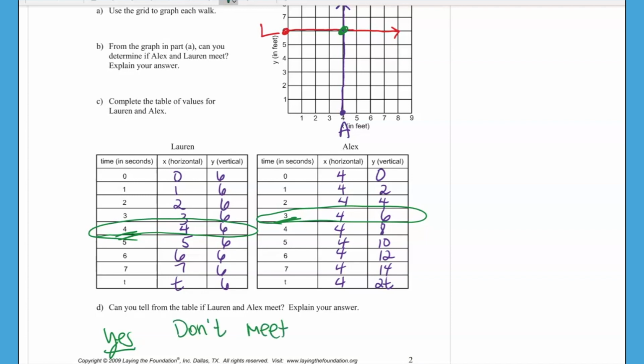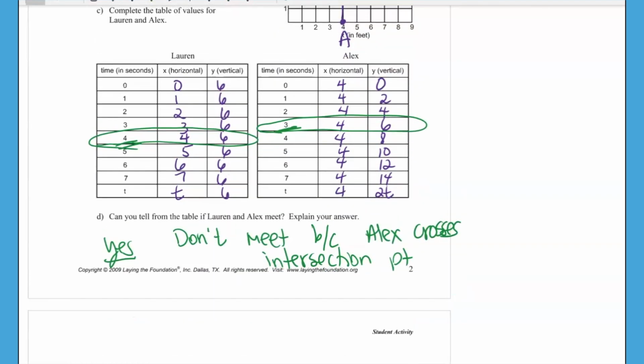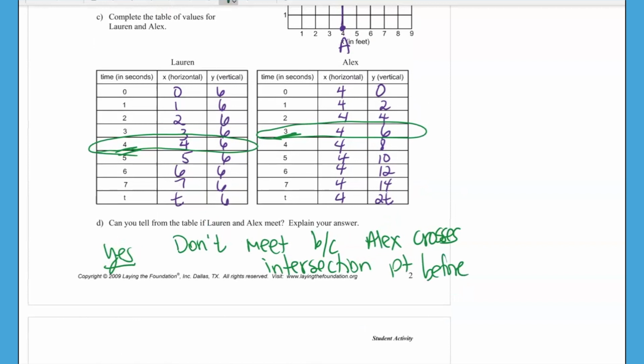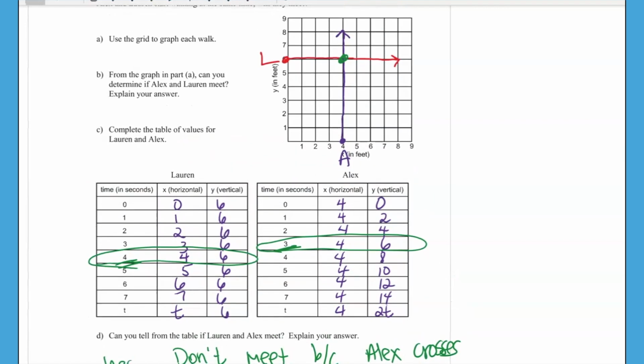And they don't meet because Alex gets there first, essentially. Alex crosses the intersection point before Lauren. Okay, so no, they don't meet. Okay, so all of that is an interesting way of looking at this problem.